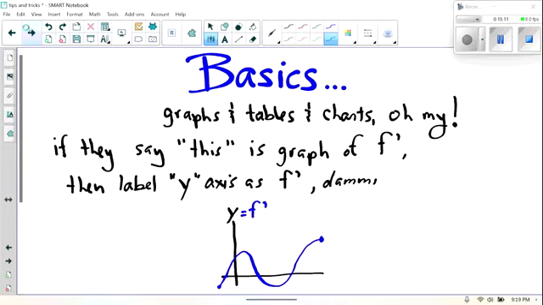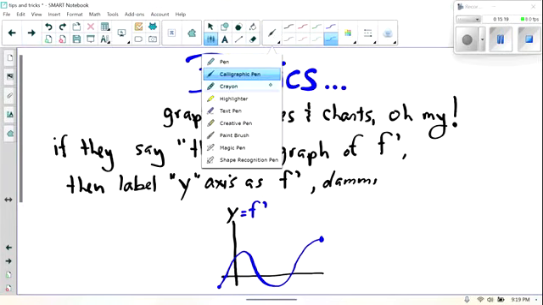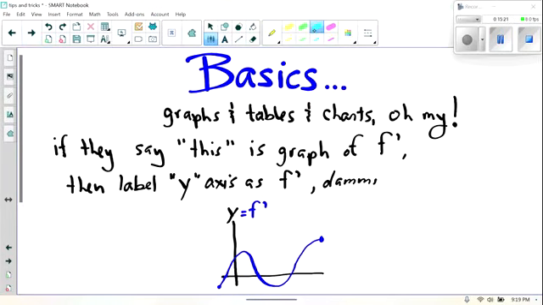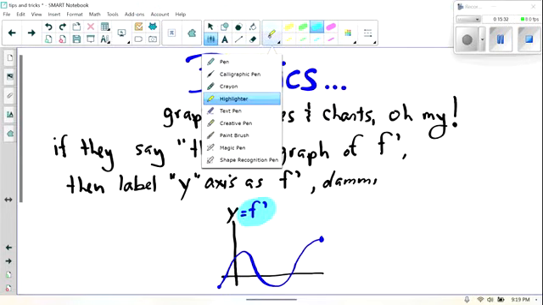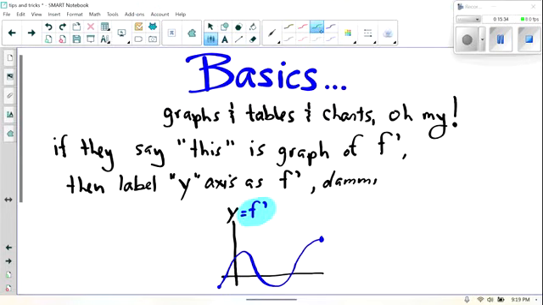All right, graphs and tables and charts. Oh my. If they say this is the graph of f prime, for the love of God, I got to stop saying that, okay? Label the y-axis as f prime. So here, I normally always just write y next to the y equals f prime. That tells me that any coordinate on this graph, any y value of that coordinate, is the slope of the original equation f.